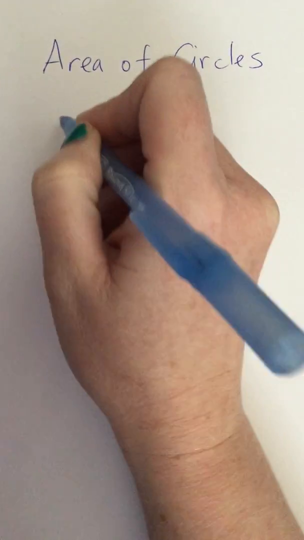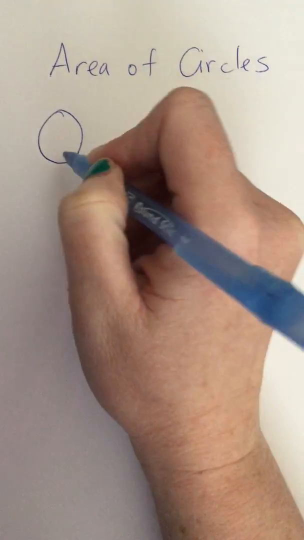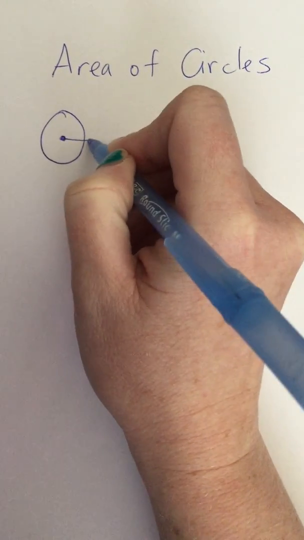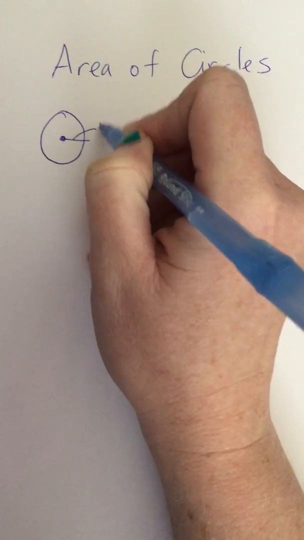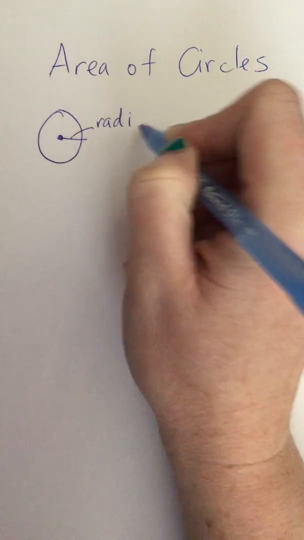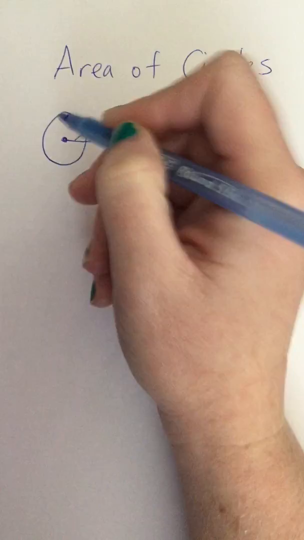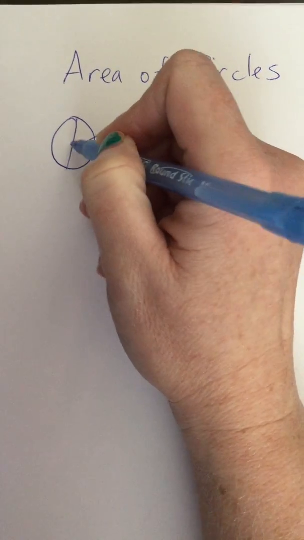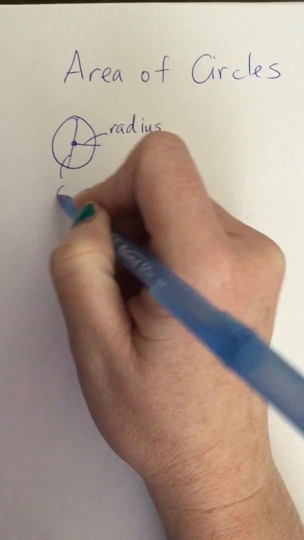All right, so here is a circle, and here's the center. From the center to the outside is called the radius. And from side to side, the whole thing, that is called the diameter.